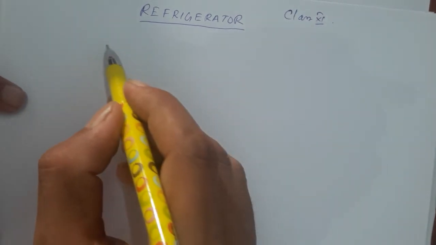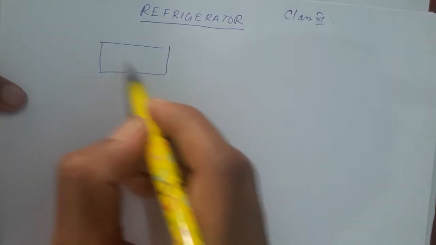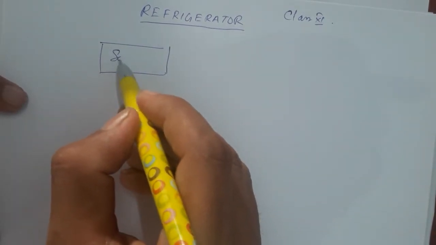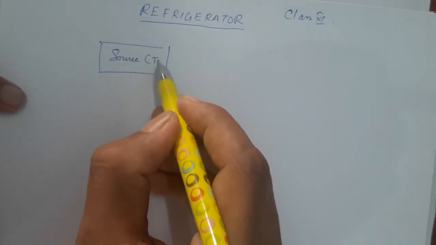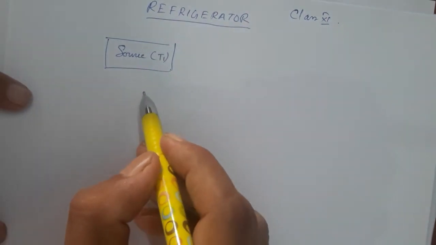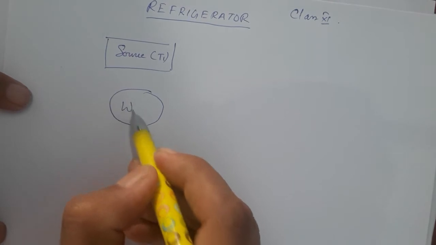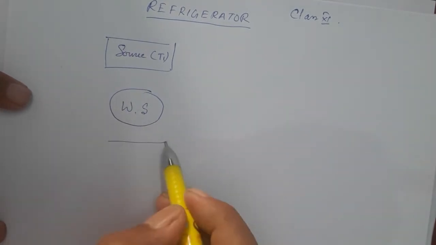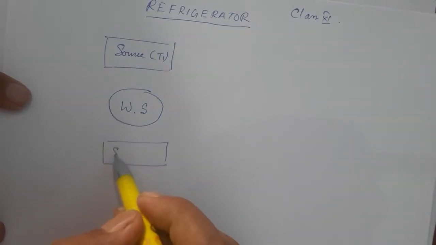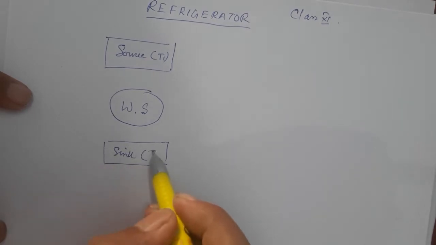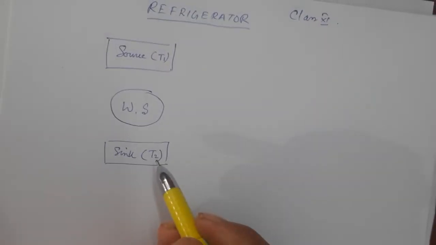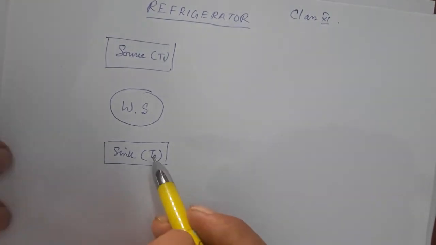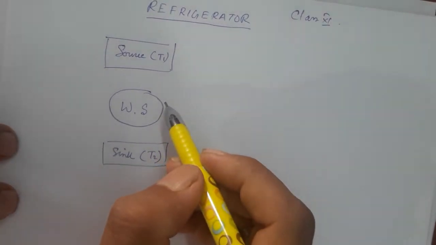So recalling back what we did in the heat engine, there was a source at T1, and there was working substance, and there is also another sink here. This is T2. Okay, so this is the one.